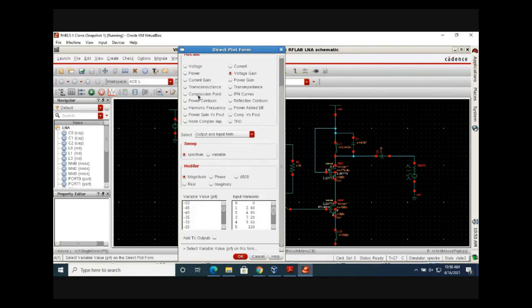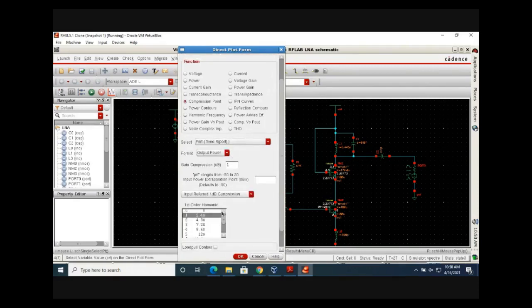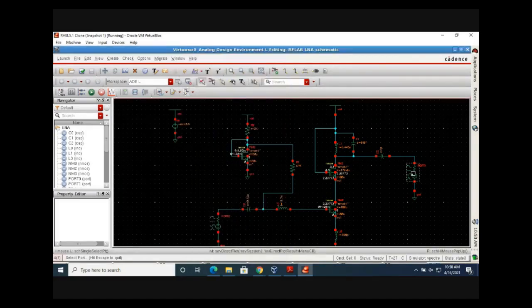Selected compression point, output power, 2.4 GHz, and I'm selecting the output port here.